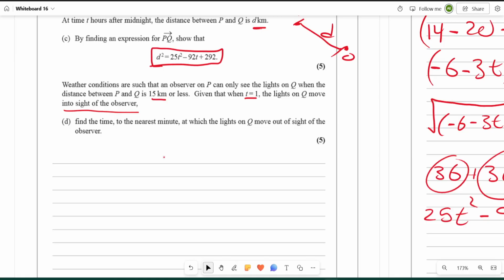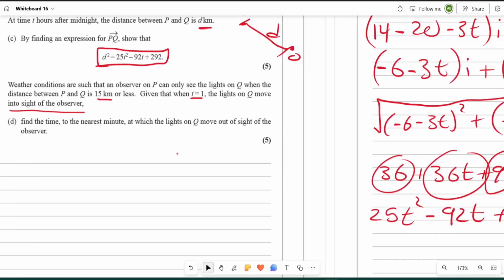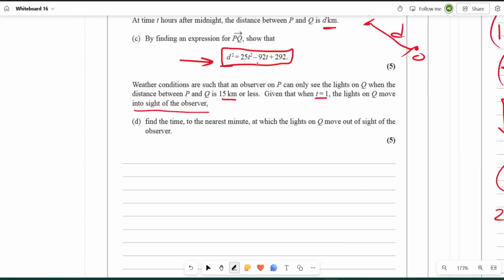So we basically want to find the time where the distance between P and Q starts to become greater than 15 again, so they will be out of sight from each other. To do that, we already got this as the distance equation. So we want to find the times where the distance is exactly 15. So let's change d into 15. So it becomes 15 squared equals 25t squared minus 92t plus 292.